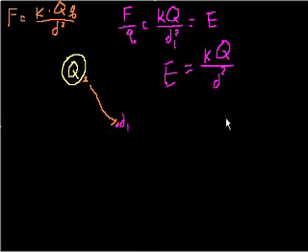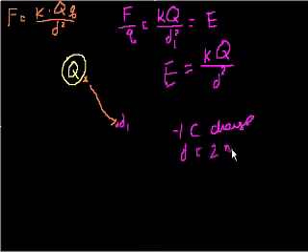For example, if I told you that I have a 1 coulomb, let's say a -1 coulomb charge, and the distance is equal to, let's make it easy, let's say 2 meters. So first of all, we can say in general, what is the electric field 2 meters away from, so what is the electric field out here?